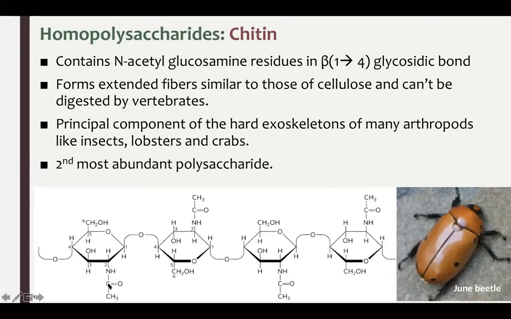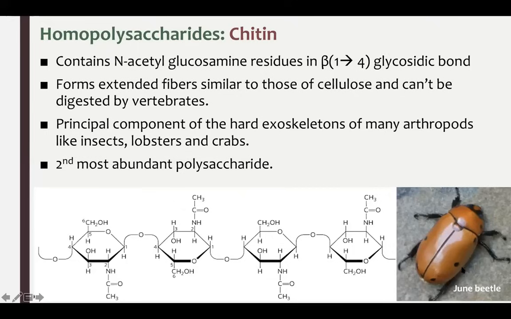In the structure you can see one terminal carbon is on top and the other is at the bottom, one facing upward and one facing downward. The monosaccharide units are joined by beta 1,4 glycosidic linkage.